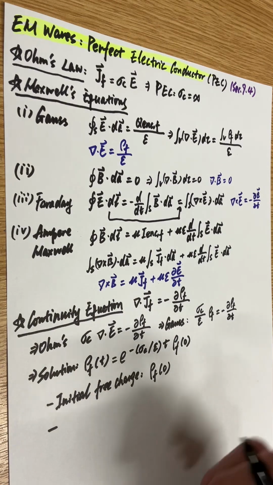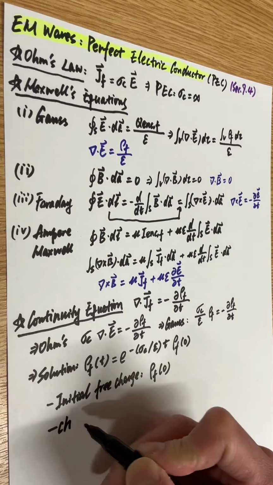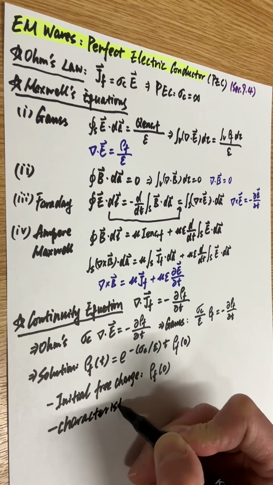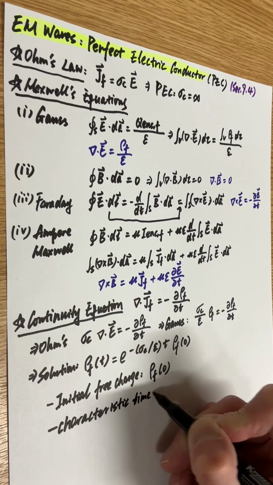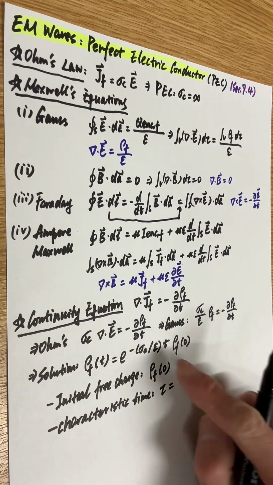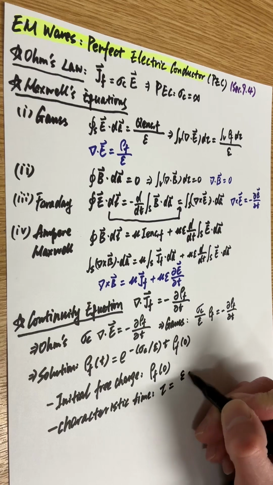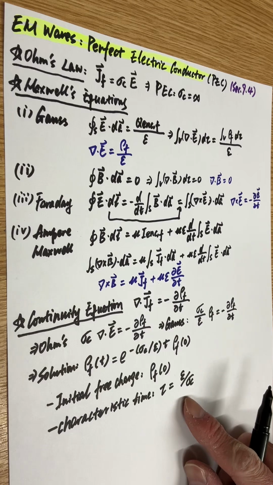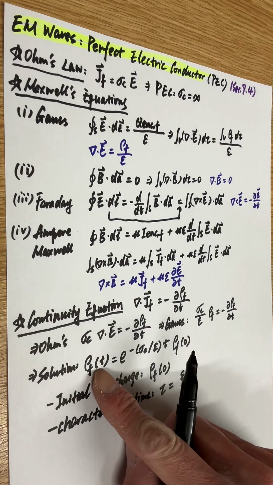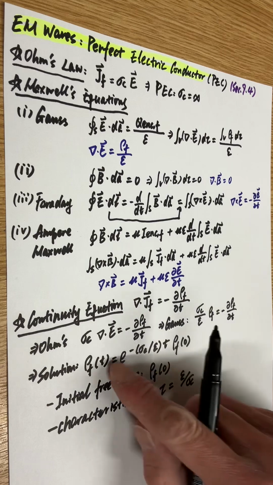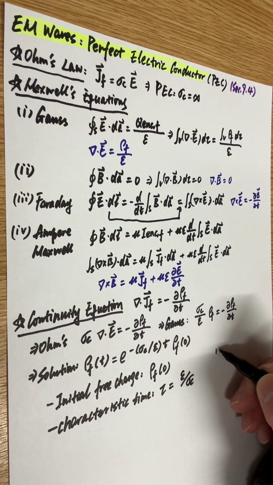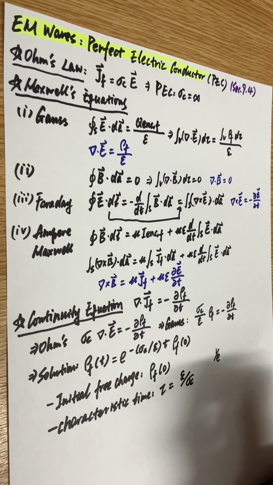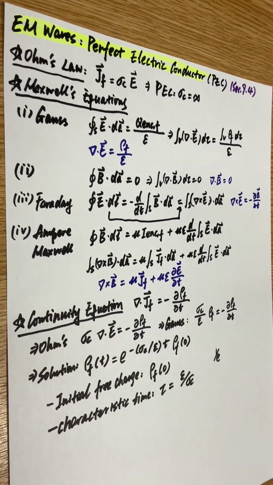So we have a parameter that's called the characteristic time. Tau would equal epsilon divided by sigma C. So after this time, the volume charge density would be reduced by a factor of 1 divided by e. So this is a good indicator of how fast charge density is lost.